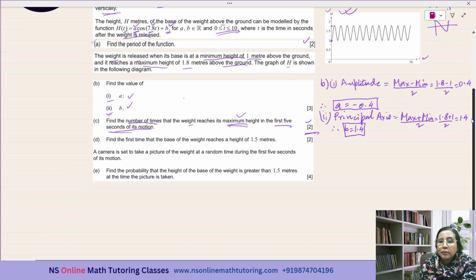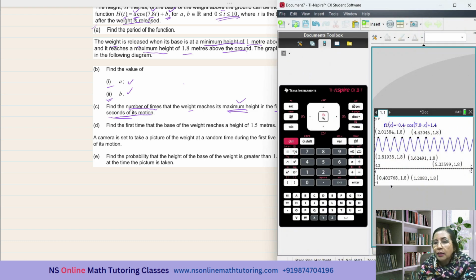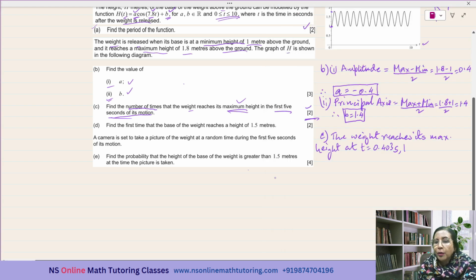So I can write: the weight reaches its maximum height at t equal to 0.403 seconds, then 1.21 seconds.